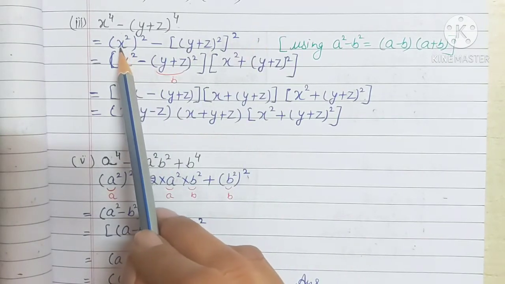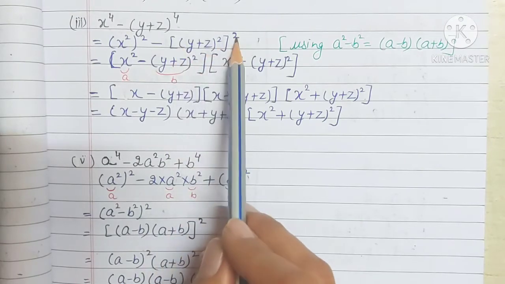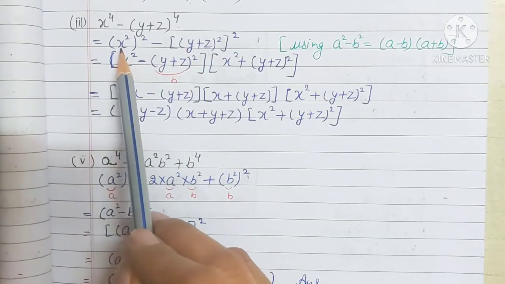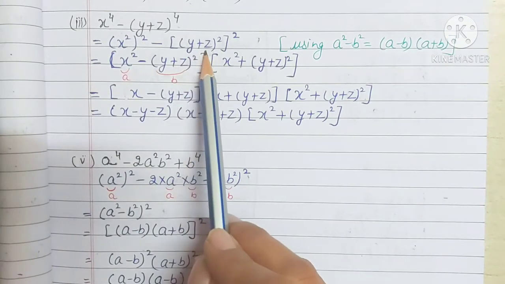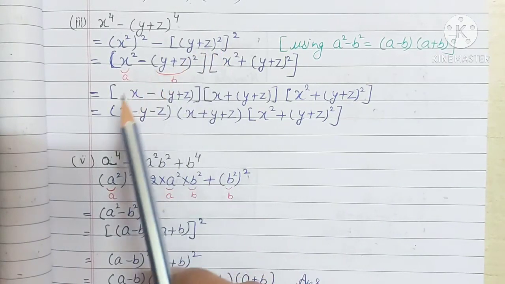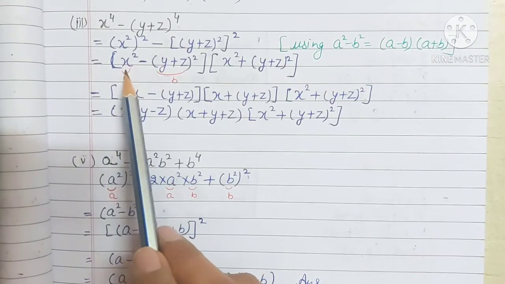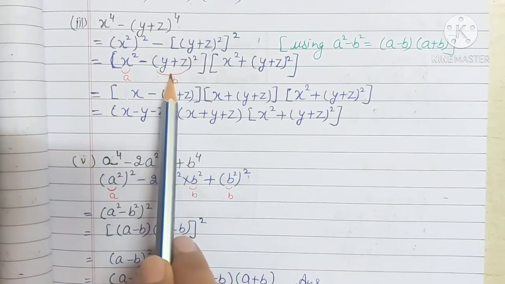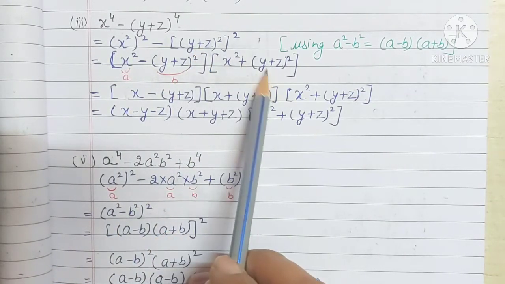Now it is first term square minus second term square. Observe carefully, here the first term is x square and the second term is (y plus z) whole square. So what will I write? I will write first term minus second term, first term plus second term.